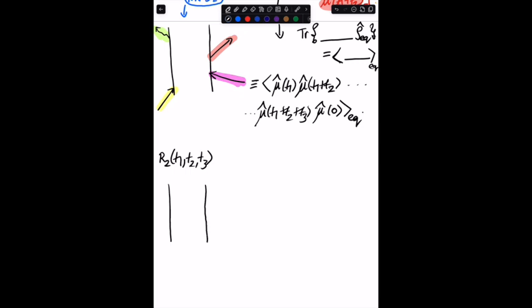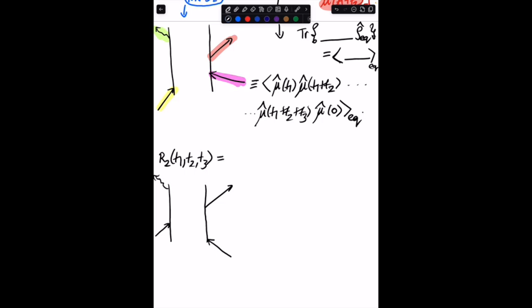I would first like to construct the structure of these response functions, and then we can worry about which processes they are assigned to. So in the case of R2, contrary to R1, the first interaction is with the bra side of the density operator, and the second one is with the ket side. And then you get to a population state, and then you have your emission, and then the emission of the signal field. So it takes on this particular structure.